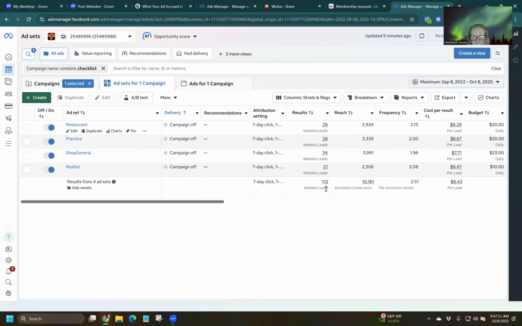If you're using a lead ad, there's a mismatch. They clicked on the ad thinking they wanted something, but when they opened the lead form, it let them down. So you're looking for that continuity.